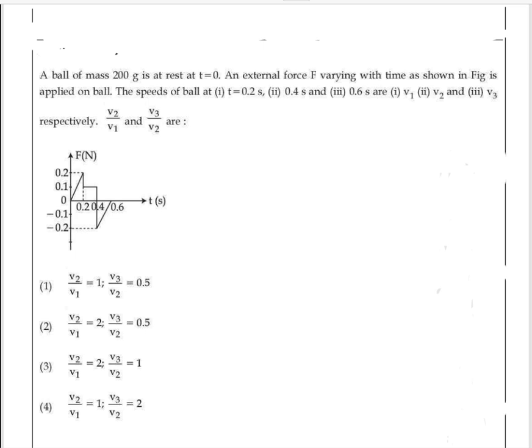Right, so the question is saying, if you look at the force-time graph, the area under the F-t curve gives us the change in momentum, p final minus p initial. Now for the first case, 0 up to 0.2, we can say this is a triangle, so I have to find its area.